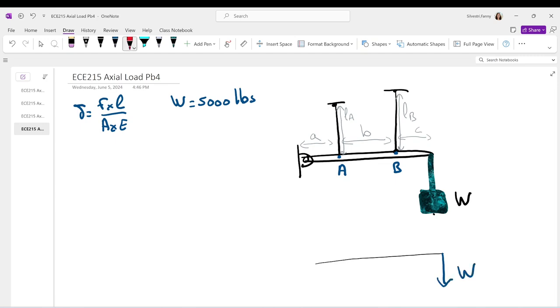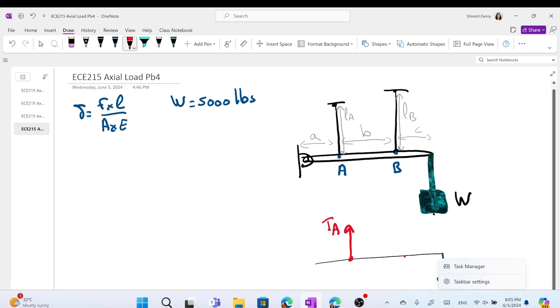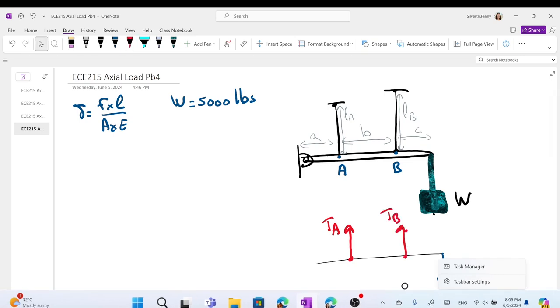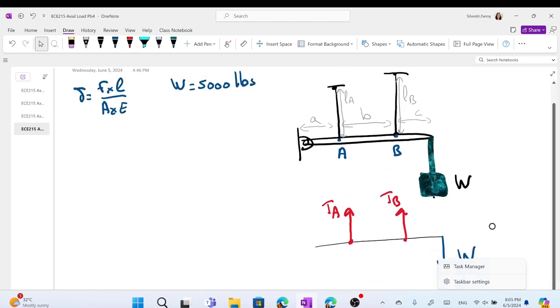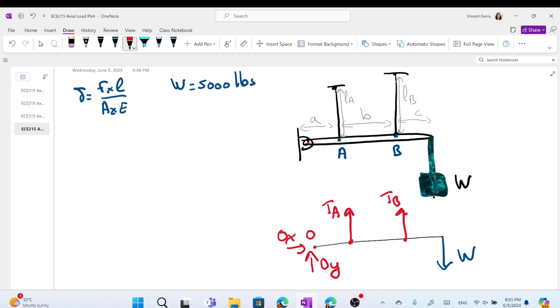We have two cables, so we have a cable at A, that force TA. One force is at B, TB. And we have a pin connection at this point. Let's call that point O. So we have also OX and OY, like this.